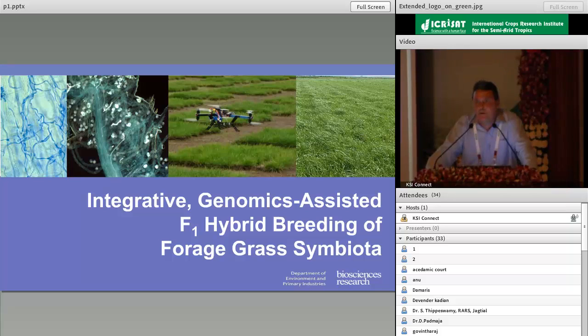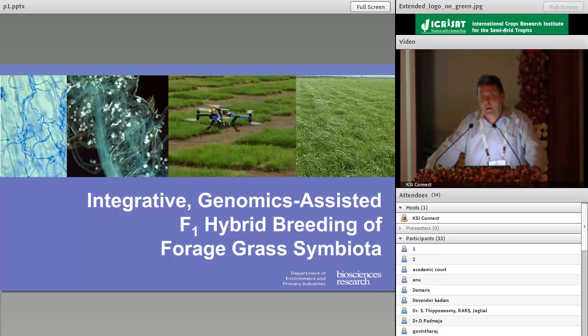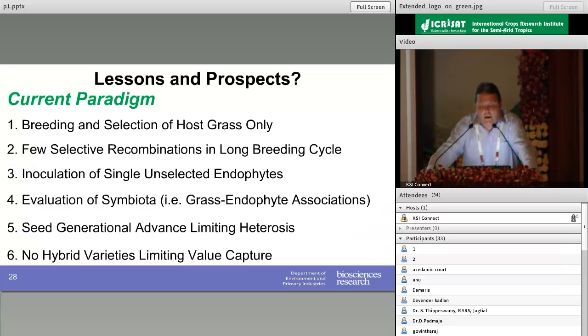Now, what does all of this mean, and how can we best utilize this knowledge in delivering increased genetic gain on farm? The next part that we'll describe is about integrative genomic-assisted F1 hybrid breeding of forage grass symbiota, and specifically we'll continue with the example of perennial ryegrass. The current paradigm that we use for breeding associations is based on breeding and selecting the grass host only.